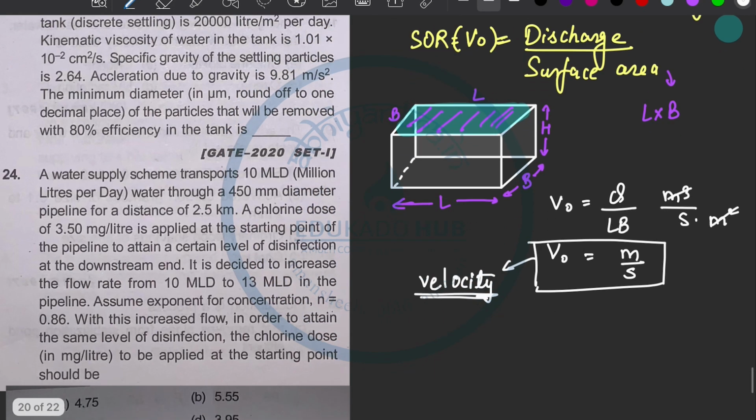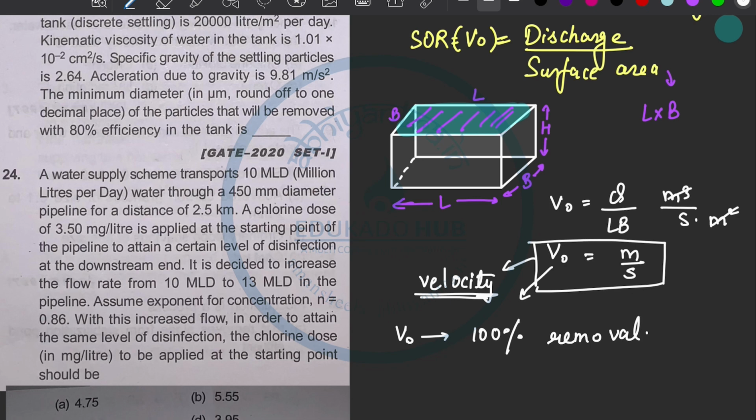What does it represent? It represents that if we provide the loading rate at V naught velocity, it will make sure that all the particles will be settled down, that can be removed with 100% removal efficiency.